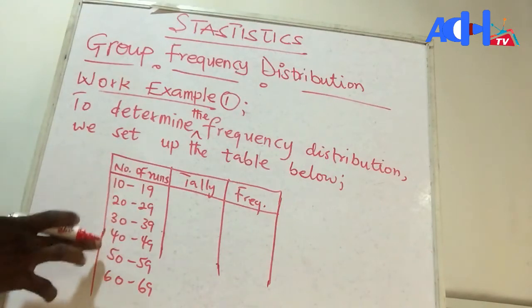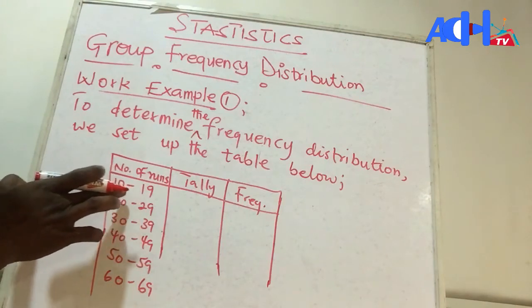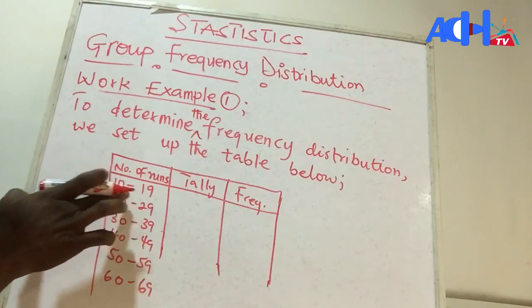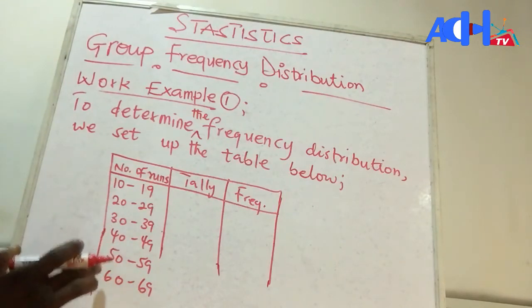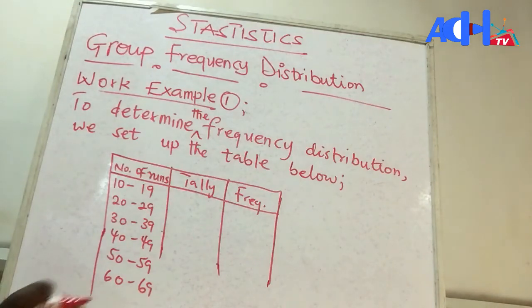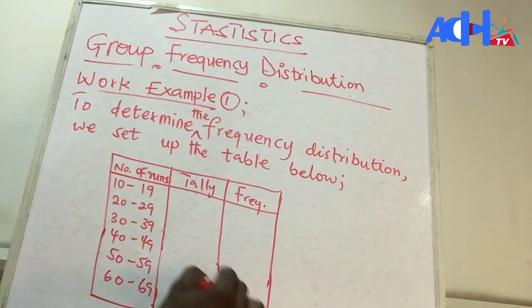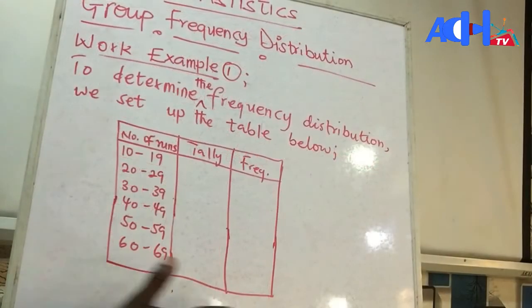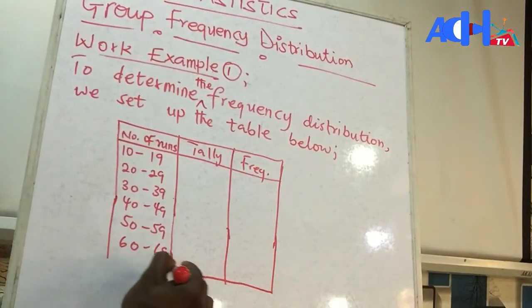By counting, you can see that the grouped intervals are 1, 2, 3, 4, 5, 6. That is why we stop here. So this is the end of the table.